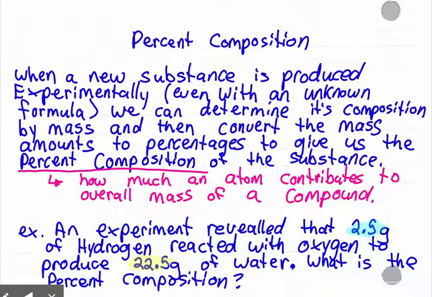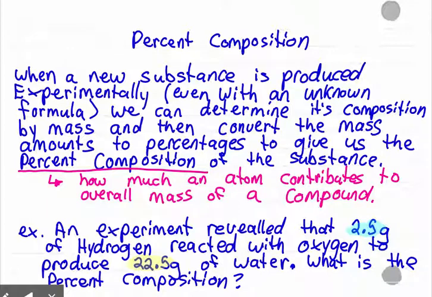Okay. So the reason we care about percent composition is that if we produce a new substance, even if we don't know the formula, we can determine its composition by mass, and then we can convert the mass amounts to percentages to give us the percent composition of the substance.